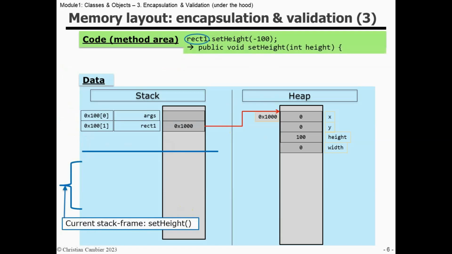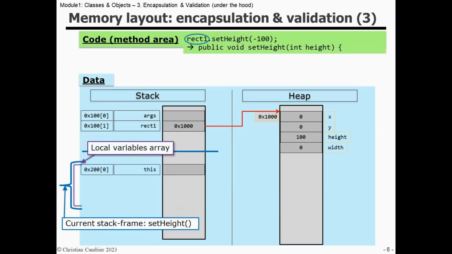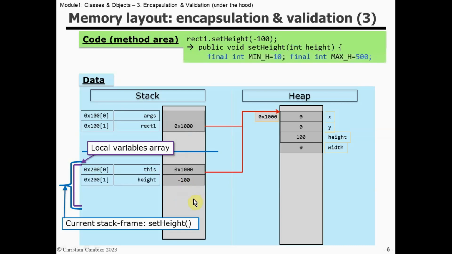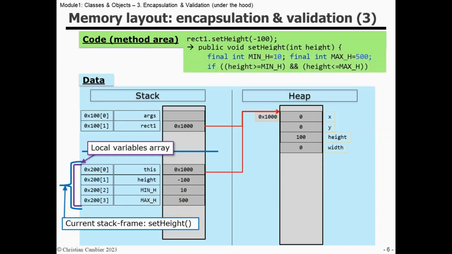First initializing the this pointer with the rect1 value, then passing the value of minus 100 to the height parameter. So exactly the same as before, the only difference is that now we have minus 100. Allocating 2 more variables in the local variables array for minimum height 10, maximum height 500. It is exactly the same method.